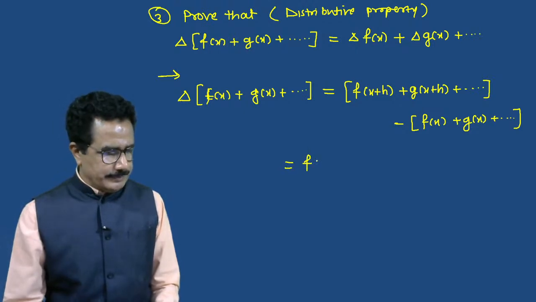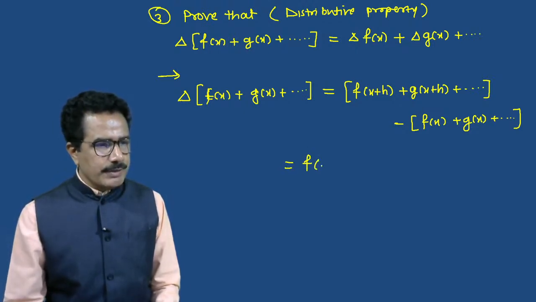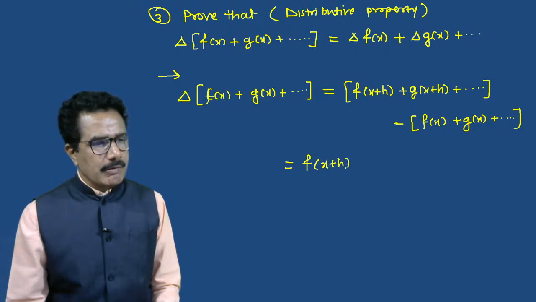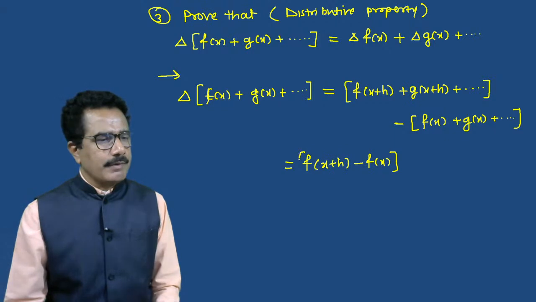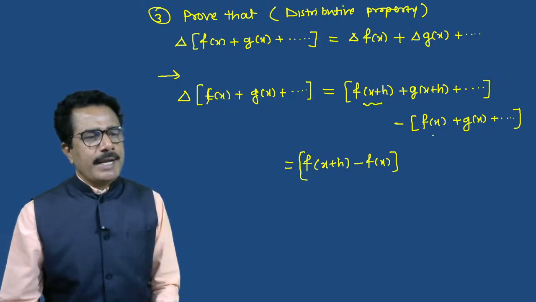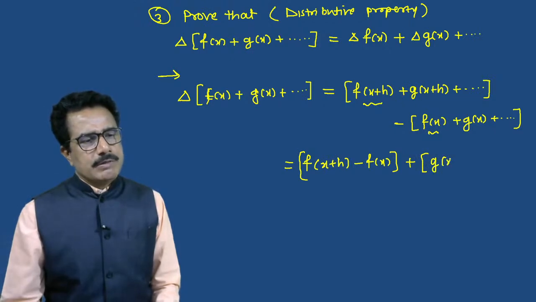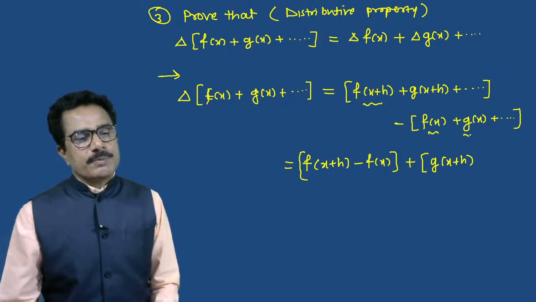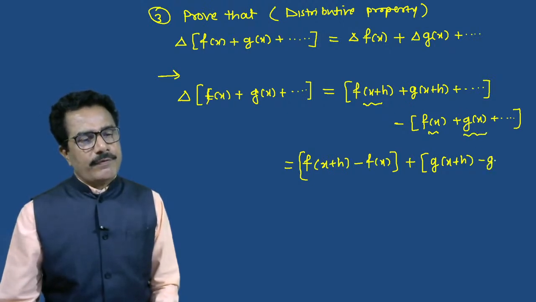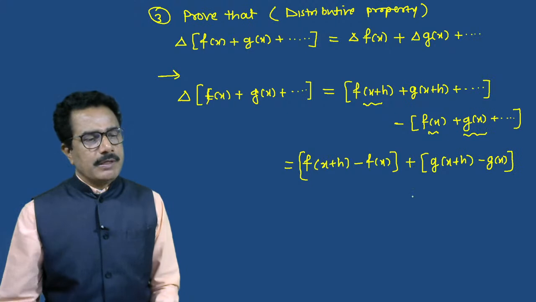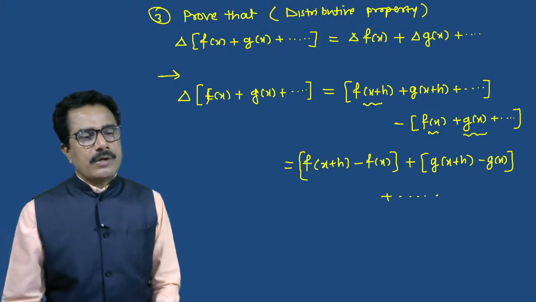F of x plus h minus f of x, collect these two terms, this term and this term, plus g of x plus h, minus into minus, plus into minus means minus g of x, plus dot dot dot.